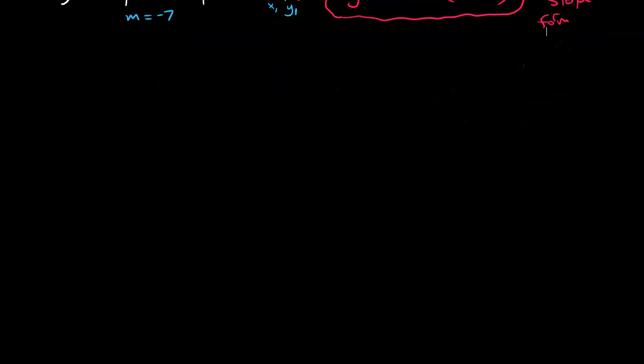Our next example is from 5.7. Example 2. The only reason I'm labeling them like this is so you can look them up in the book if you want to. You don't have to. This is on how to write equations in slope-intercept form, the one you're probably most used to.